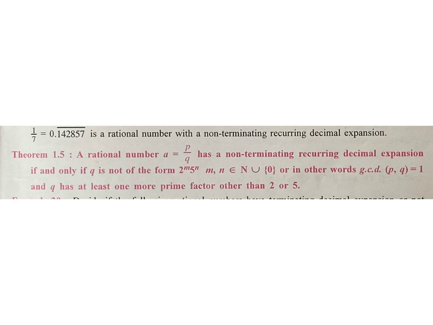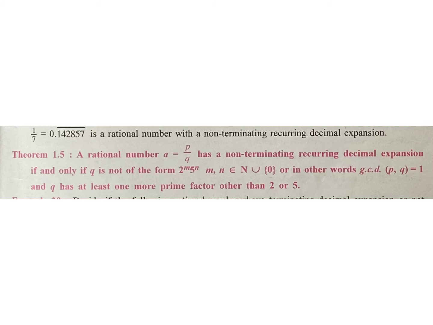In other words, GCD of p and q is always 1, and q has at least one prime factor other than 2 or 5. It means it will have a non-terminating and recurring decimal expansion only if the denominator, that is q, is not of the form 2 raised to m, 5 raised to n.